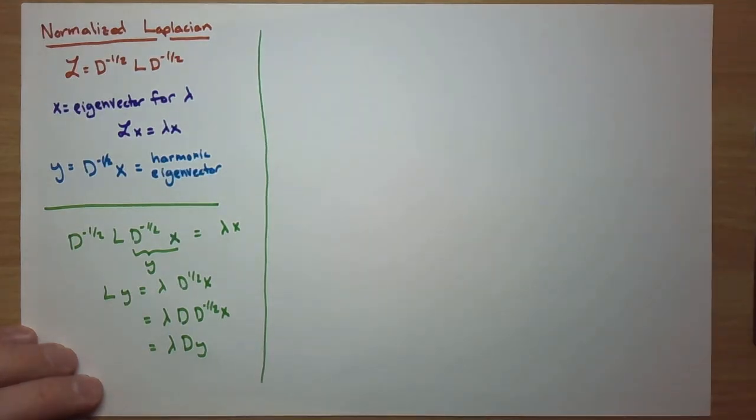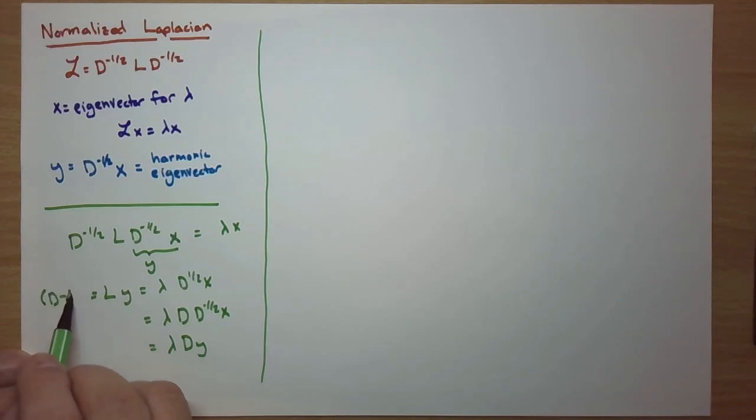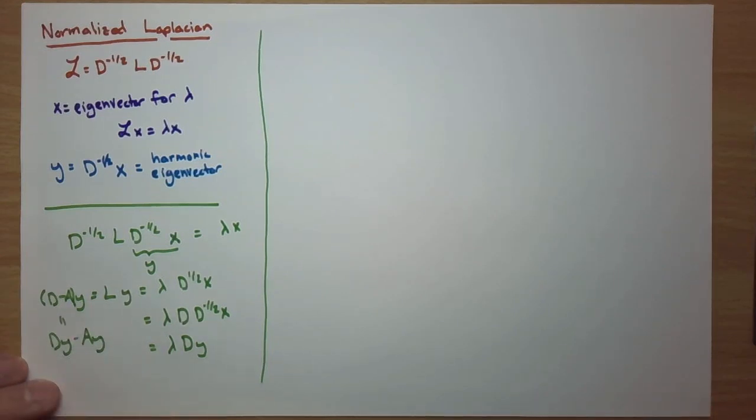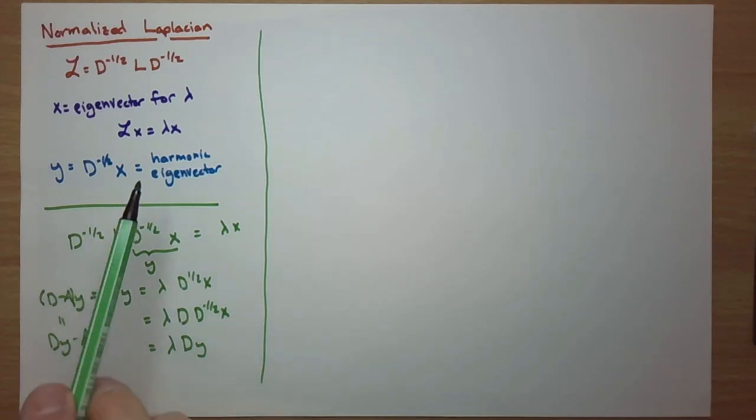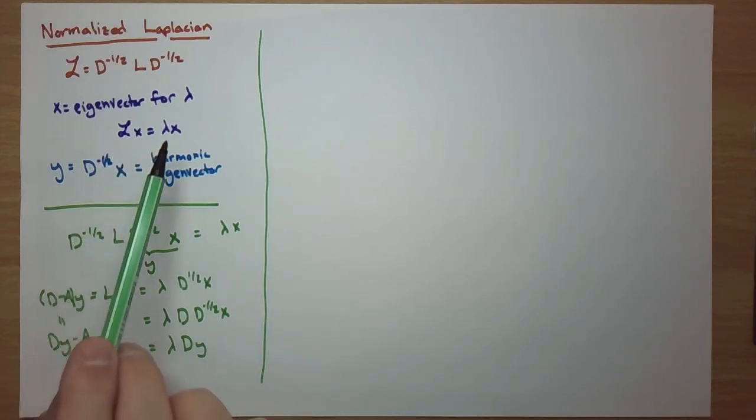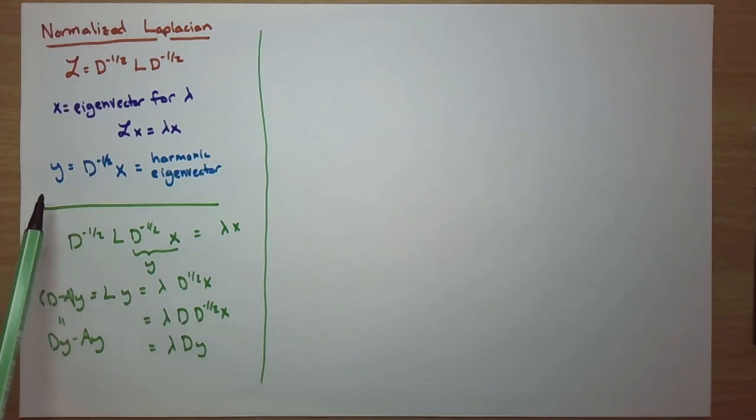Now, if we dig a little bit further, you might notice here that L, which is just the combinatorial Laplacian, is the same as d minus a, applied to y. So this is d times y minus a times y. Now we're almost there. We've essentially started with what the normalized Laplacian x equals lambda x translates into, if you replace x by this y, where y is d to the minus 1/2 x.